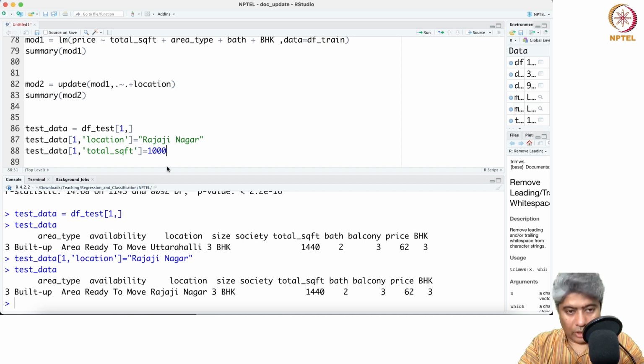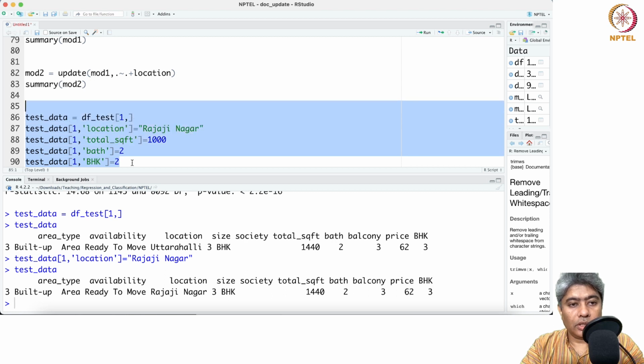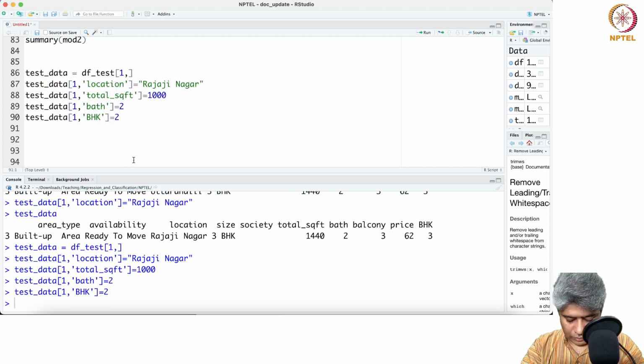Okay, and then bathroom will be 2 bathrooms, and it will be 2 BHK. So let us run this through.